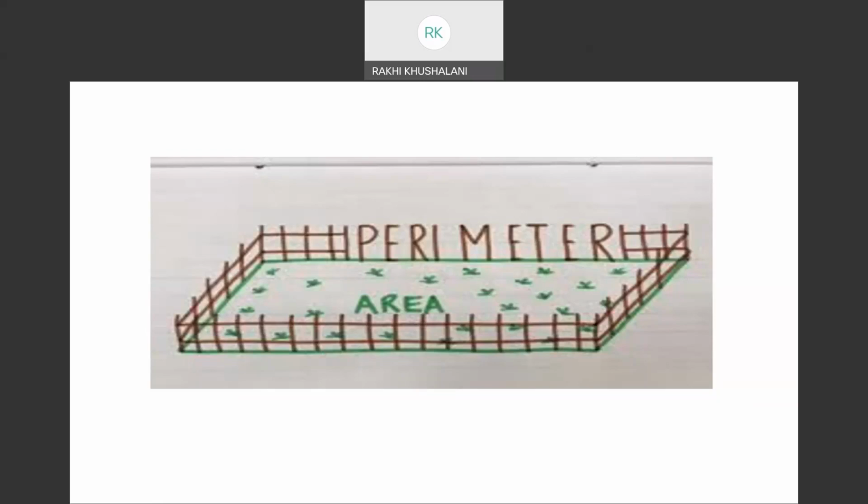And if I want to know how much grass I'm going to need to put on the garden, I should know the area of the garden. When your house is being tiled, the labor who comes to tile the house measures the area of the floor and then decides the number of tiles you're going to need, and accordingly he charges you.